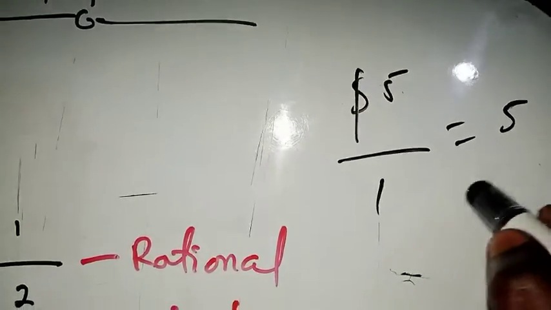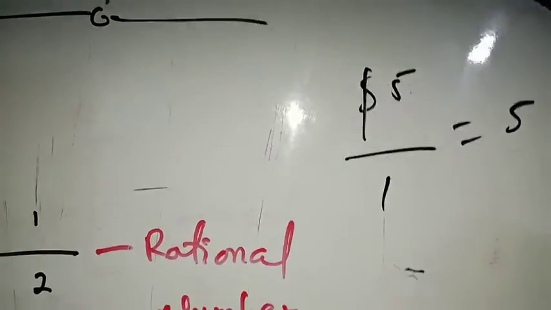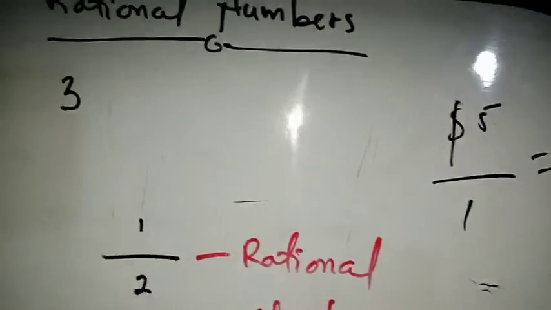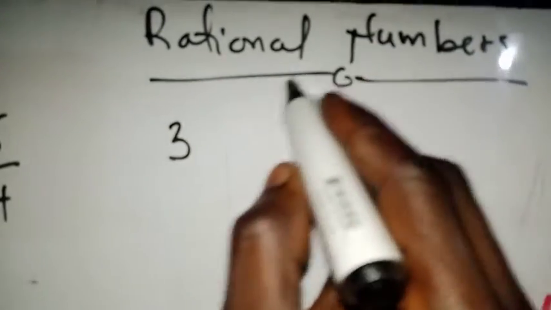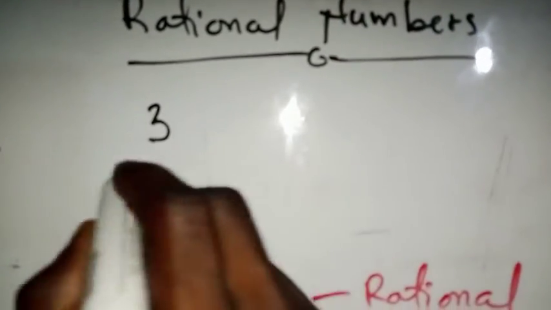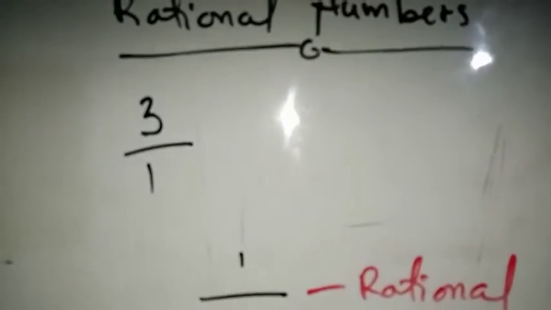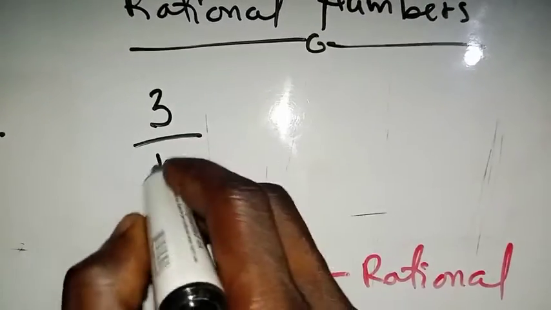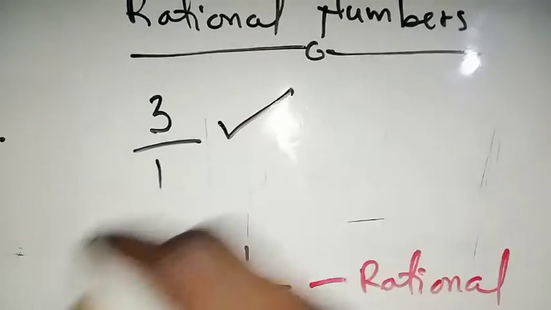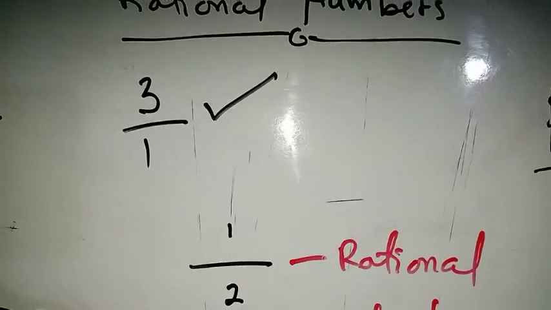Bringing this idea to rational numbers, any whole number, something like this, is also a member of the rational numbers, because we can rewrite it as going over one. Any whole number can be written in this form, so it qualifies to be a member of the rational numbers.